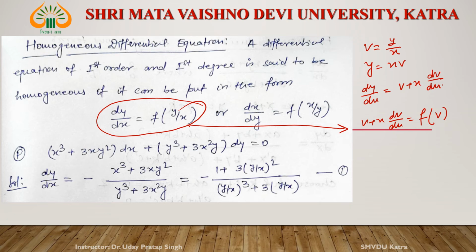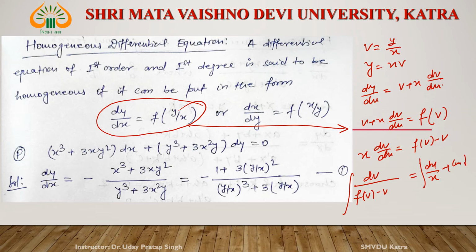And this can be written as x dv by dx is equal to f of v minus v, and this can be written as dv by f of v minus v is equal to dx by x.